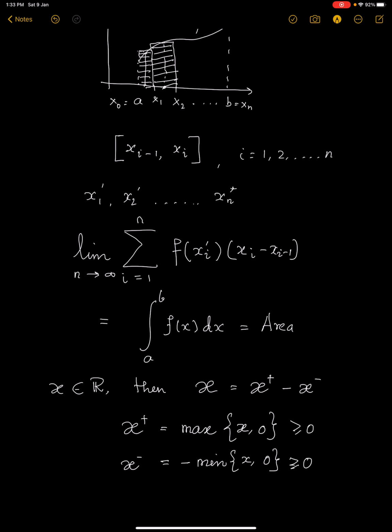So what is happening is that any real number can be expressed as the difference of two non-negative numbers. You can always do this.